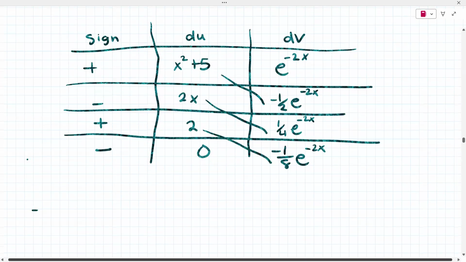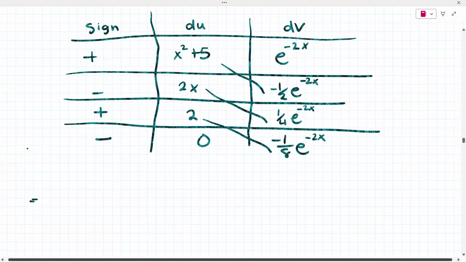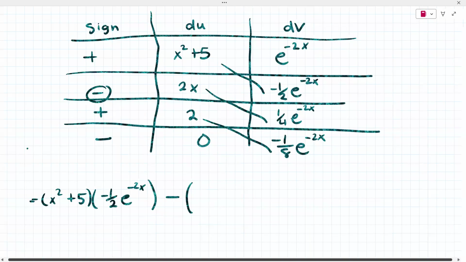So this is the right side. It's going to be positive x squared plus 5 times negative 1/2 e to the negative 2x. And then the sign changes to a negative, so it's going to be minus 2x times 1/4 e to the negative 2x.